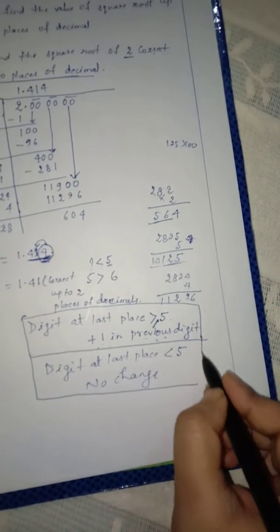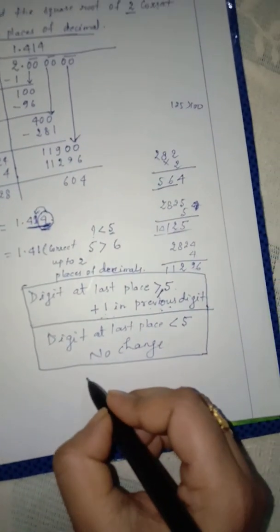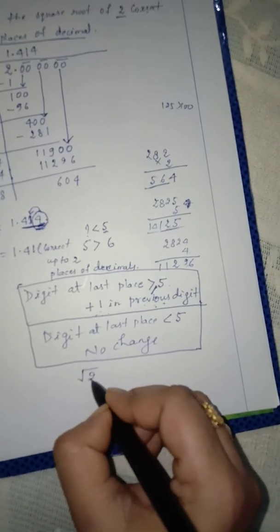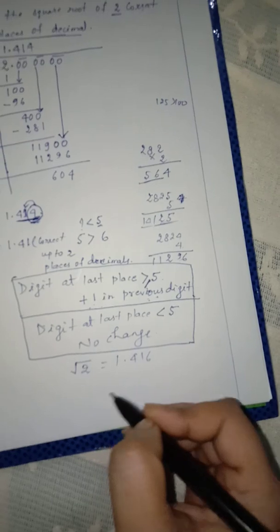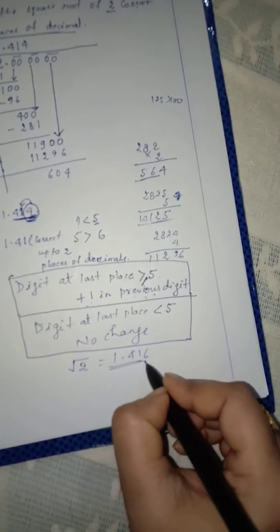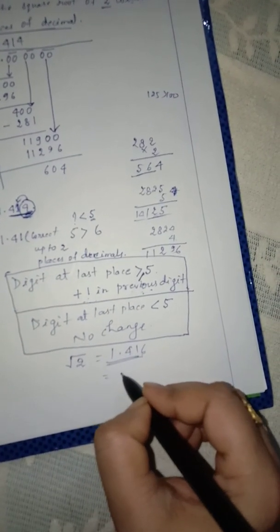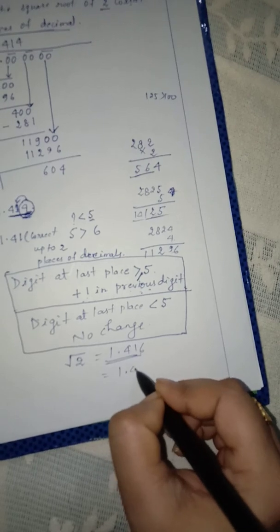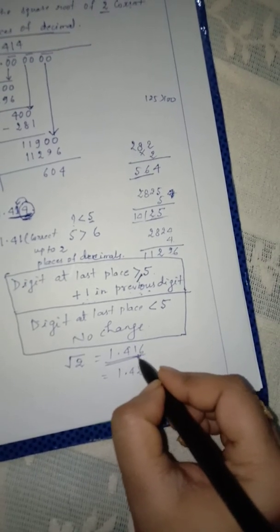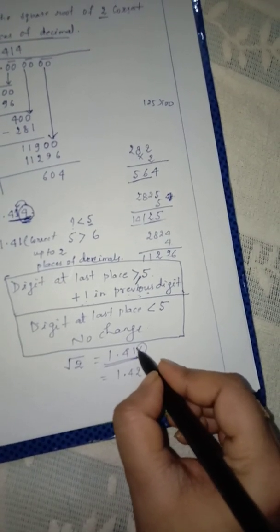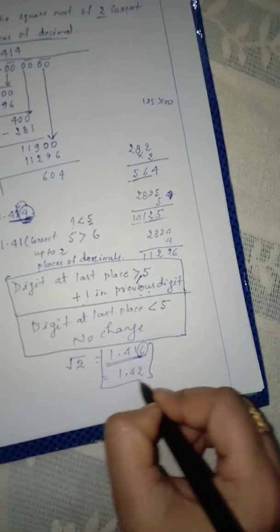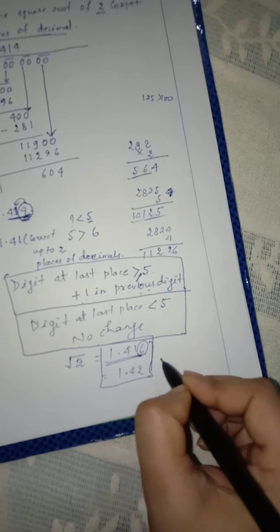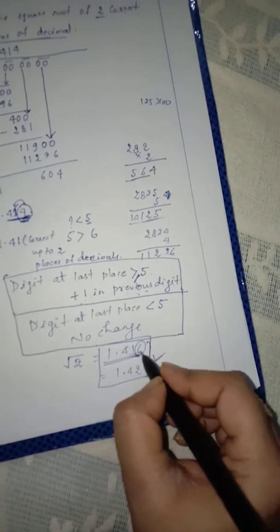Suppose we got the square root of 2 as 1.416, then correct up to 2 places, what will our answer be? 1.42, because this digit is greater than 5. This is only an assumption, not a correct value; I have taken it just as an example.